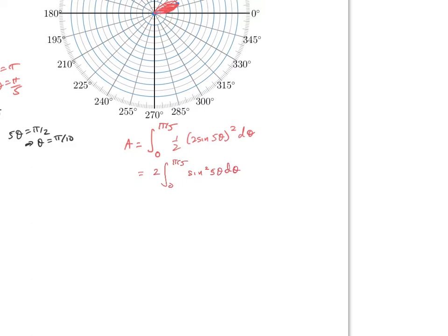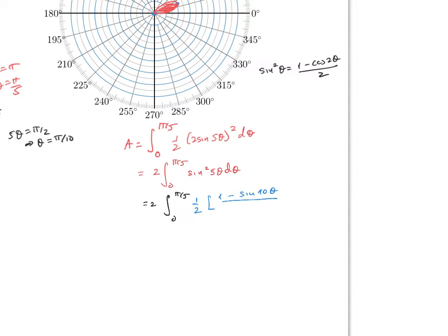Again, we have used this identity multiple times. Remember, sine squared of theta is equal to 1 minus cosine 2 theta over 2. So in our case, this will be the integral from 0 to pi over 5, and then this will be 1/2 of 1 minus cosine 10 theta, divided by 2 d theta.